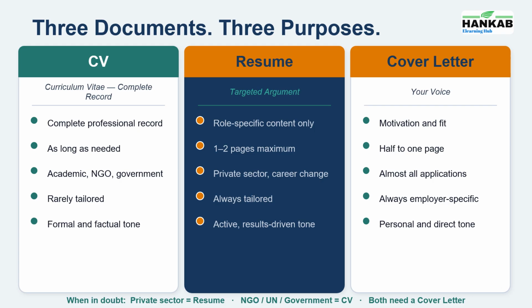Use the decision framework in section 2.4 to guide your answer. Also read section 2.5 on international and regional variations, particularly the Gulf market section if any of your target employers are based in the UAE, Saudi Arabia, Qatar, or Oman. Return here when done.